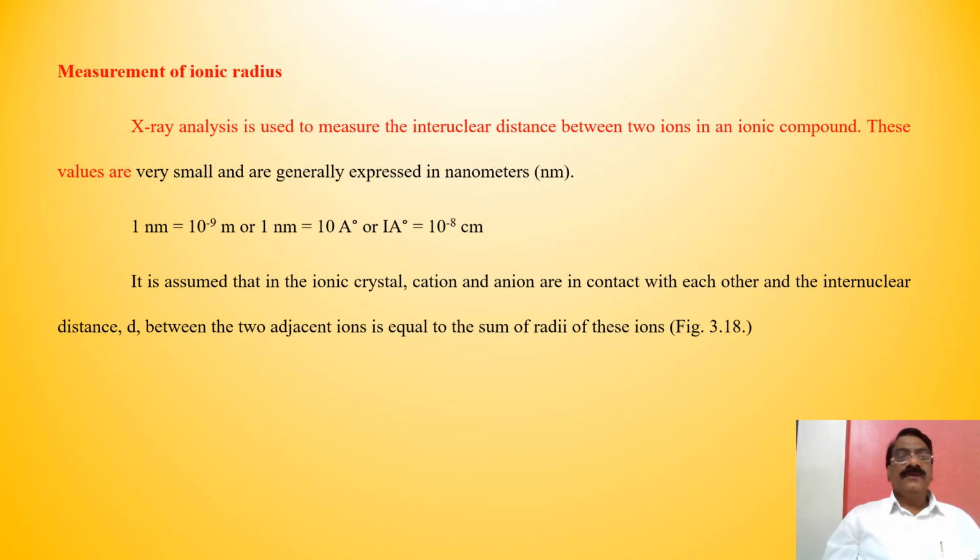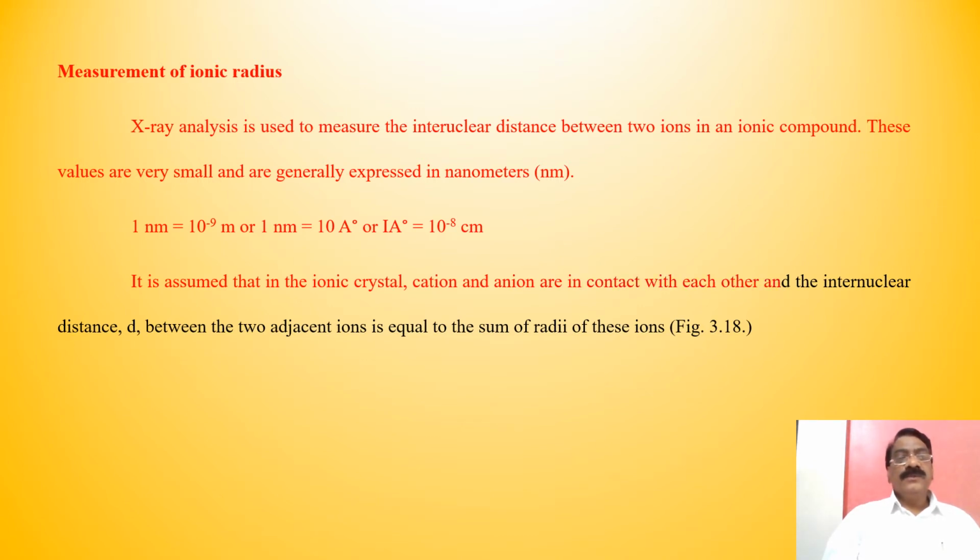These values are very small and are generally expressed in nanometers. See, 1 nanometer is equal to 10 raised to minus 9 meter, or 1 nanometer is equal to 10 angstrom unit, or 1 angstrom unit is equal to 10 raised to minus 8 centimeter.